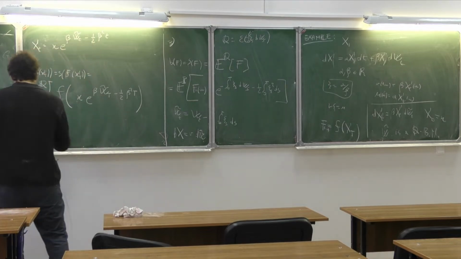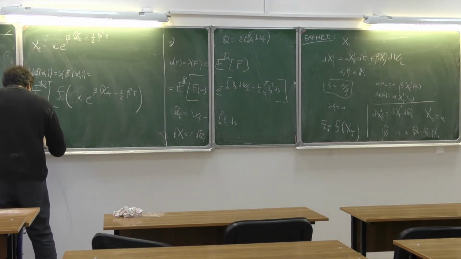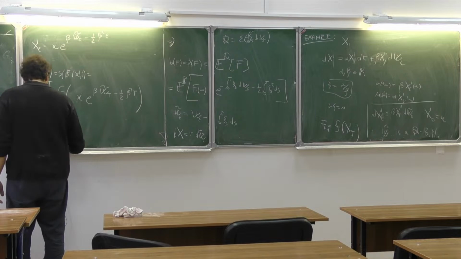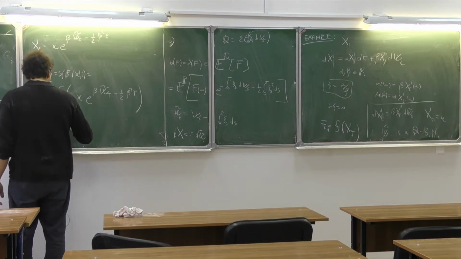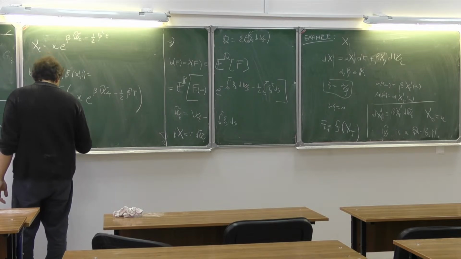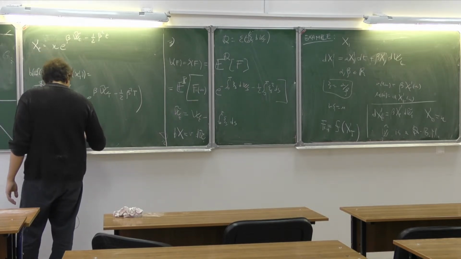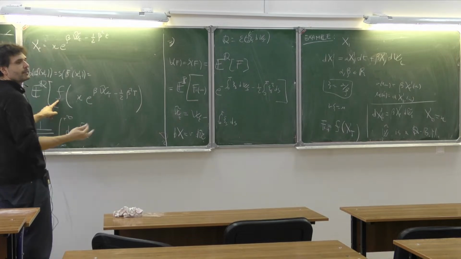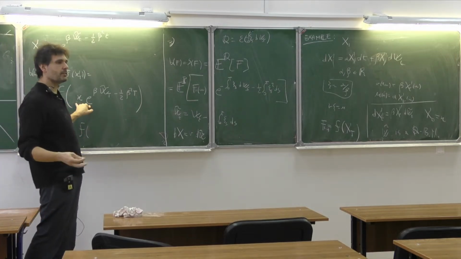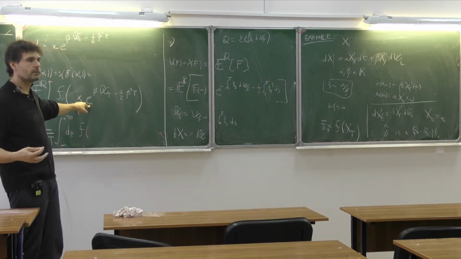So this is just 1 over square root of 2 pi t, the integral between minus infinity and infinity in dz, let's call it, of f, like you should take this minus k positive part, or whichever function.